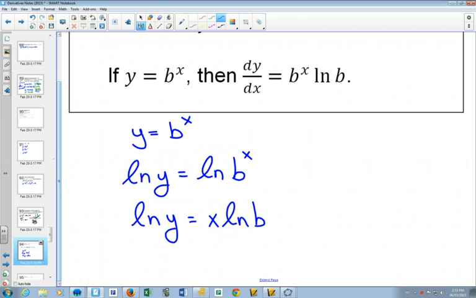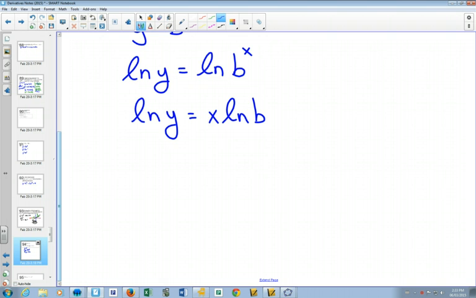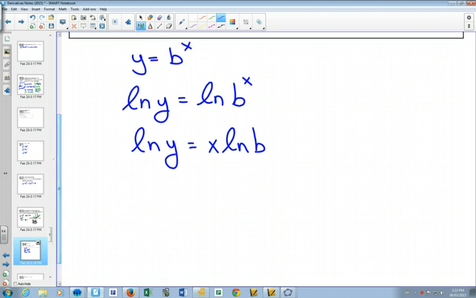Now, if I take the power of e of both sides, e and natural log are inverses of each other. So anytime you do that, what's going to happen?